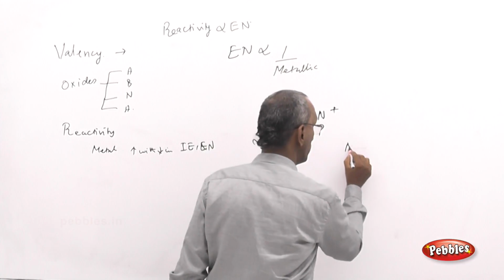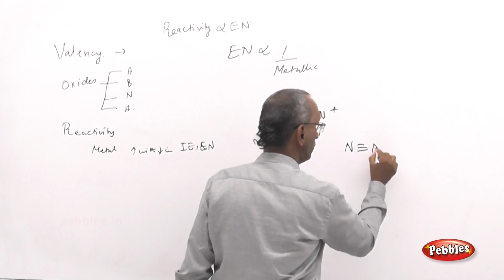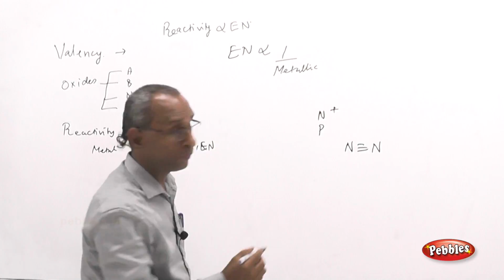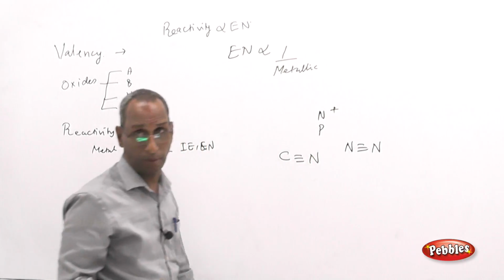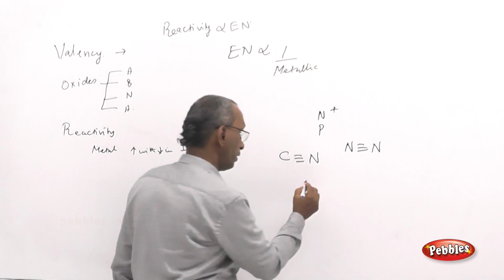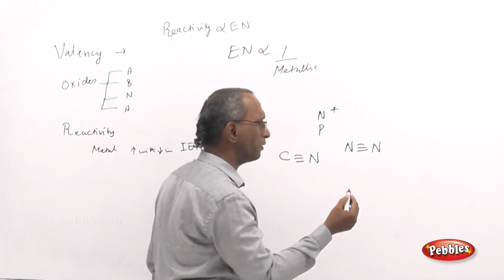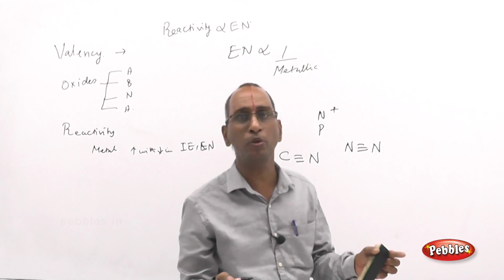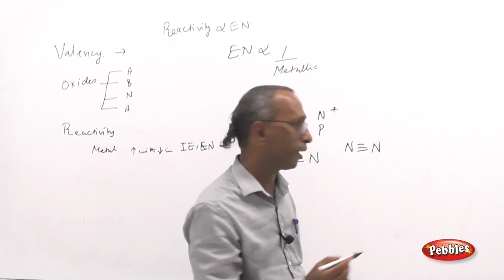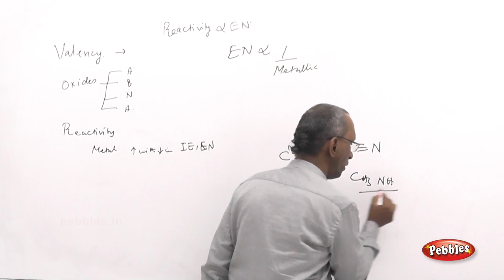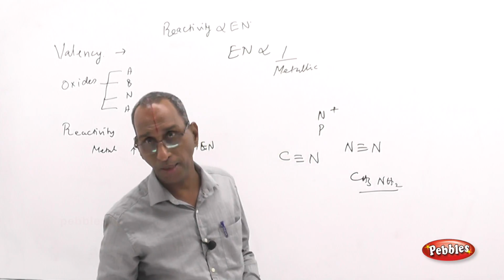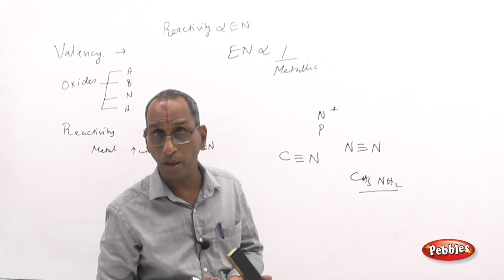In nitrogen, bond order is 3. In cyanide, bond order is 3. In nitric oxide and nitrogen oxides also. Only in very rare systems does it show a single bond, as in CH3NH2, where the bond order is 1. So mostly bond order is high.